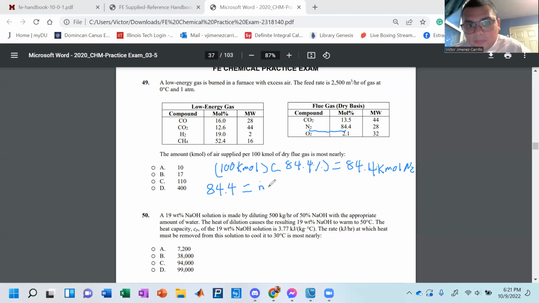And we're looking for the molar flow rate of air. But we also know, based on the last question, that in regular air, it's 21% oxygen and 79% N2. So it's going to be 0.79 N2. That is just a mole balance between nitrogen in the air and nitrogen in the flue gas. You solve for your N dot of air, and that's going to give you 101.3 kilomoles of air.